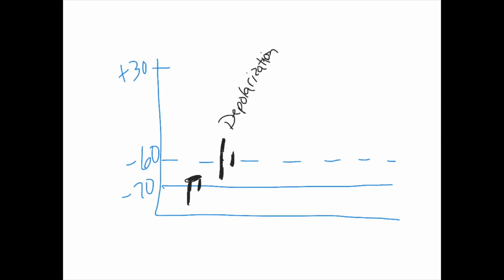Depolarization, okay? Then we hit positive 30, and we said that the sodium gated channel is going to close, right? Which gate closes? The inactivation gate closes, right?